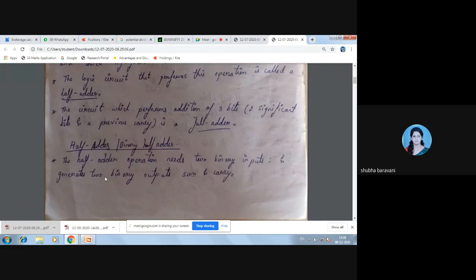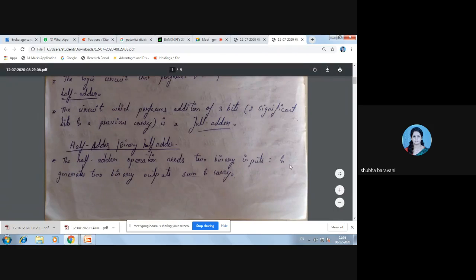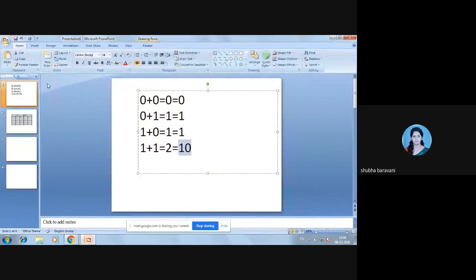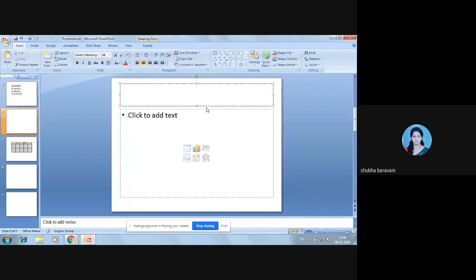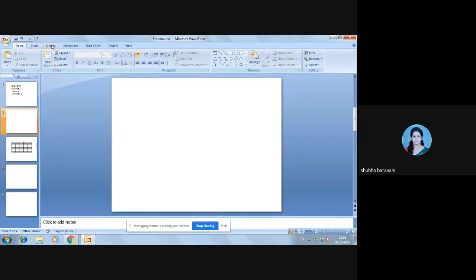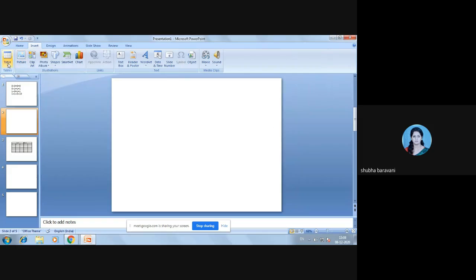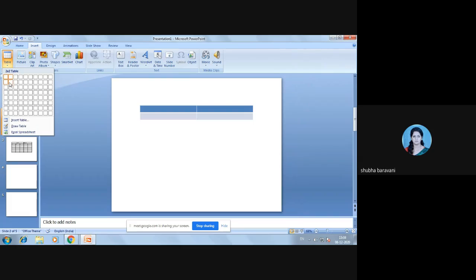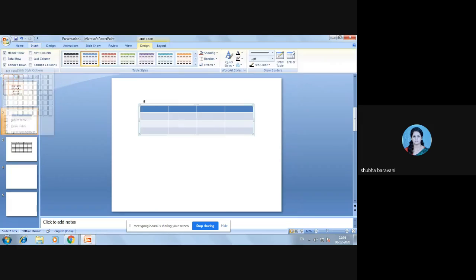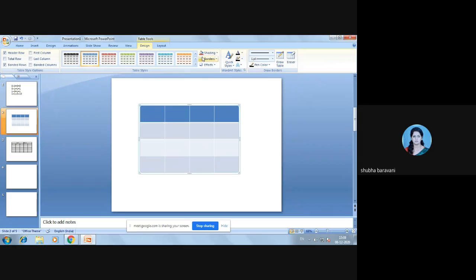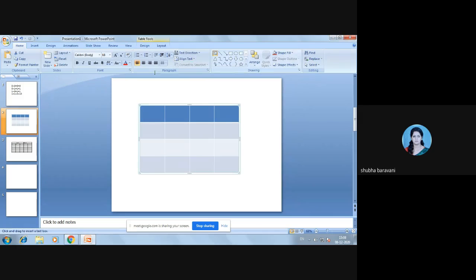The half adder operation needs 2 binary inputs and generates 2 binary outputs. So I'll take a truth table. I have 2 inputs and 2 outputs. We are now doing the half adder.